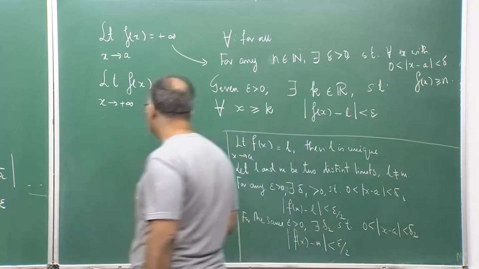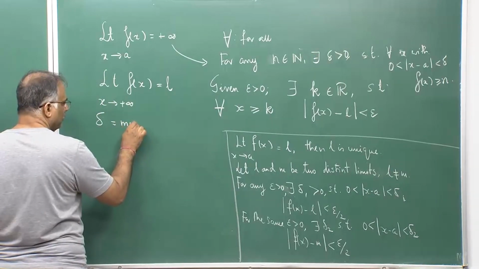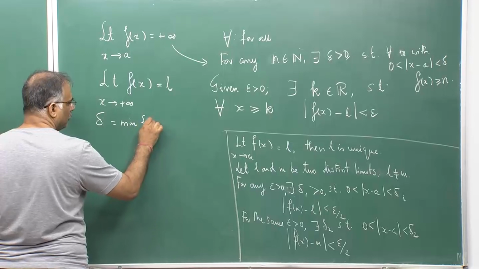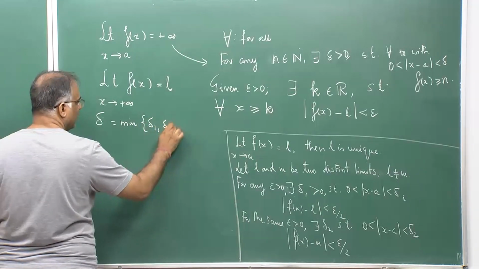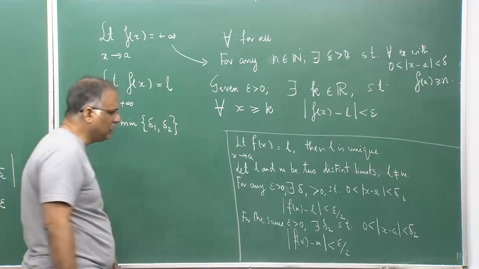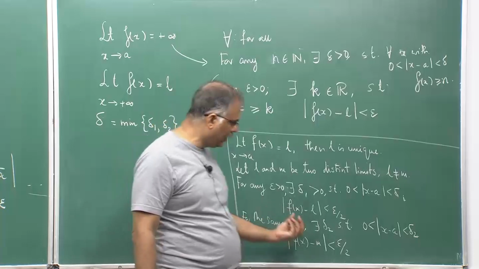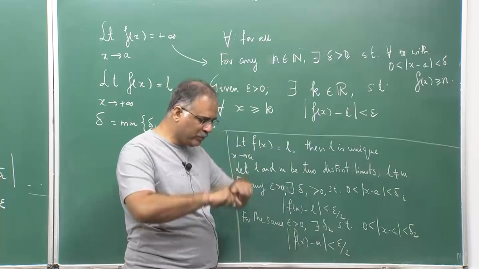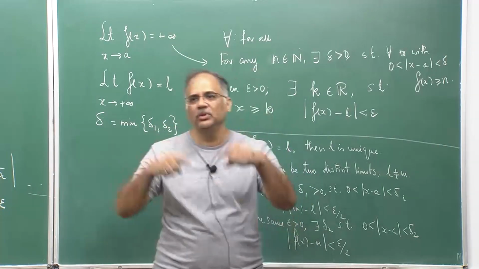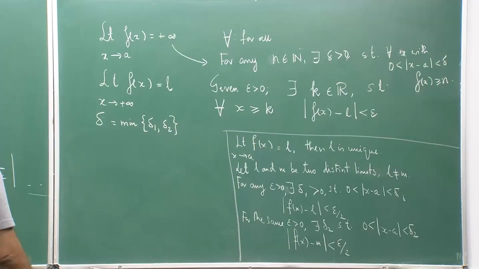So, you can choose a delta which is the minimum of delta 1 and delta 2, meaning less than both delta 1 and delta 2. Then for that delta this will work, because then the x that you choose is both within the delta 2 neighborhood and within the delta 1 neighborhood, right. So, both definitions would work.